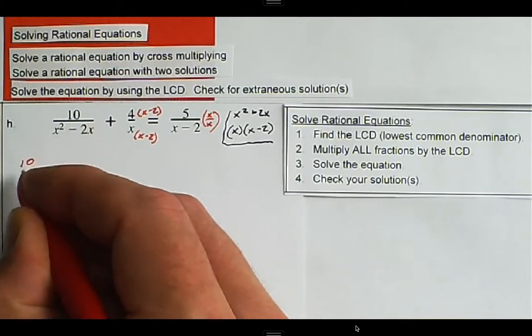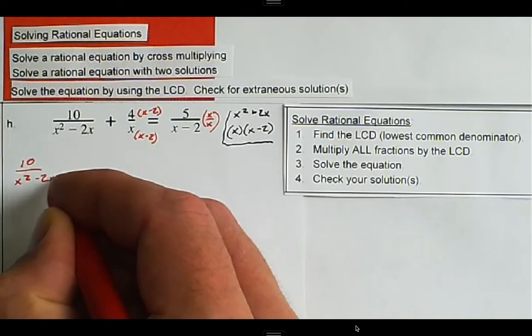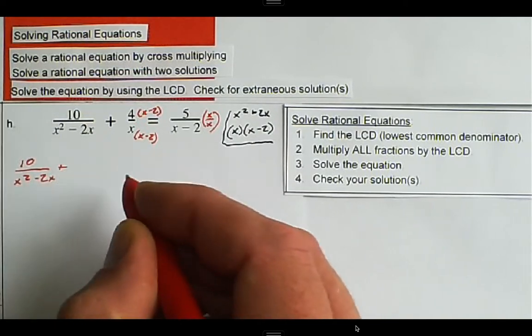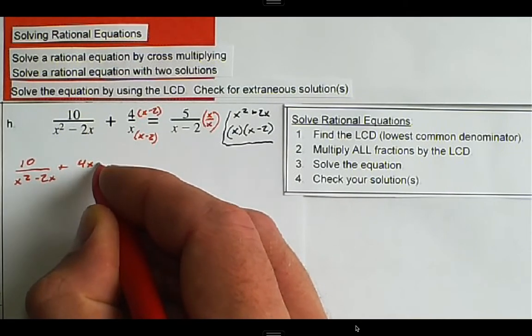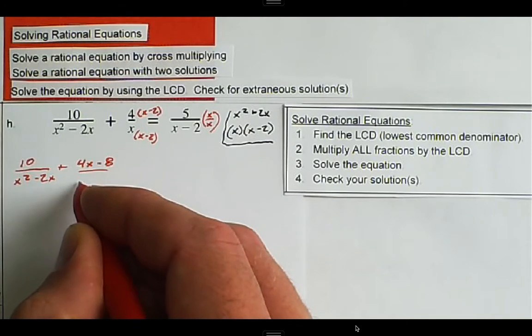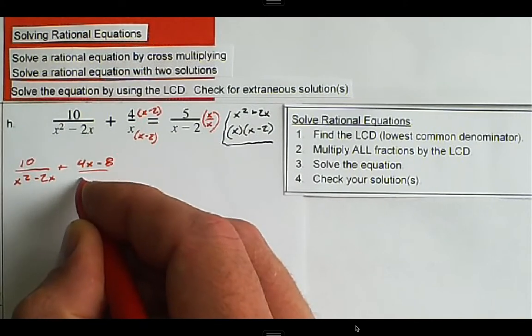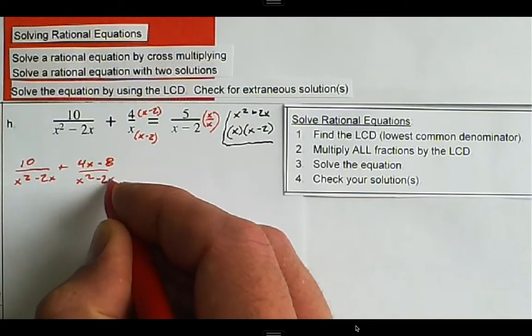And we get 10 over x squared minus 2x plus, then we get 4x minus 8 over, and then this one is going to be x squared minus 2x as well.